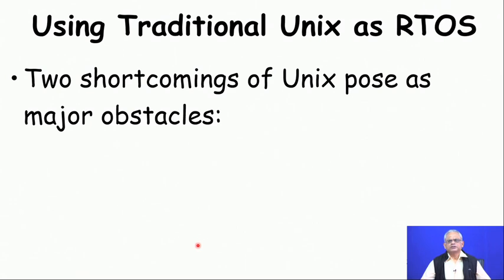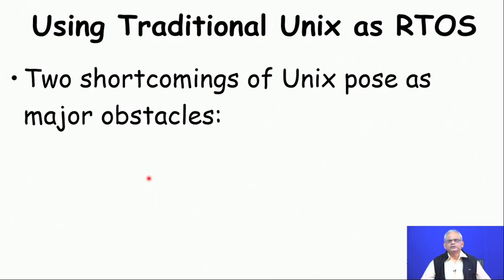To make the issues clear and to get a deeper insight into these aspects, we will consider what problems may occur if the traditional Unix is used as a real time operating system, and what is the origin of these problems, because unless we know these issues well, we cannot really develop a real time operating system.